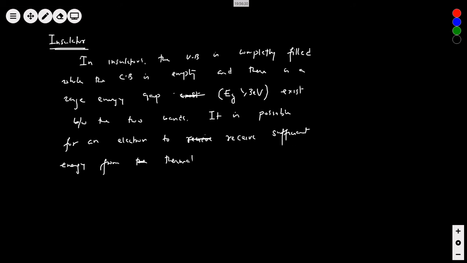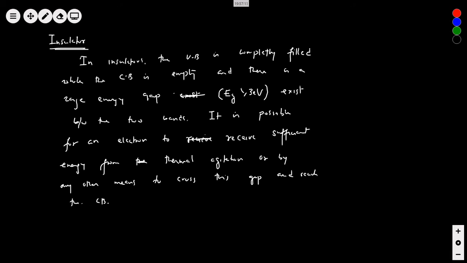From the temperature it won't be able to get sufficient energy to overcome this gap, from thermal agitation or by any other means, to cross this gap and reach the conduction band.